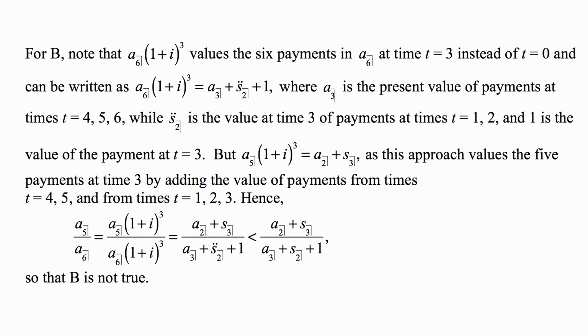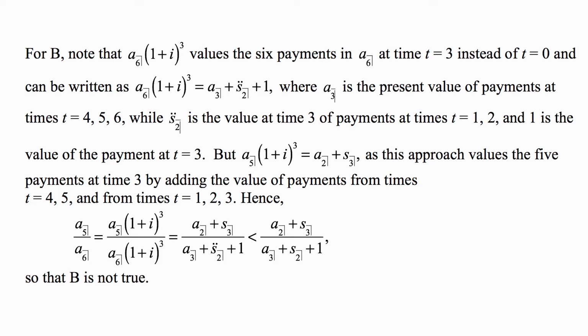For B, note that a angle 6 times (1 plus i) cubed values the 6 payments in a angle 6 at time t equal to 3 instead of t equal to 0, and can be written as a angle 3 plus s double dot angle 2 plus 1, where a angle 3 is the present value of payments at times 4, 5, 6, while s double dot angle 2 is the value at time 3 of payments at times 1, 2, and 1 is the value of the payment at time 3.